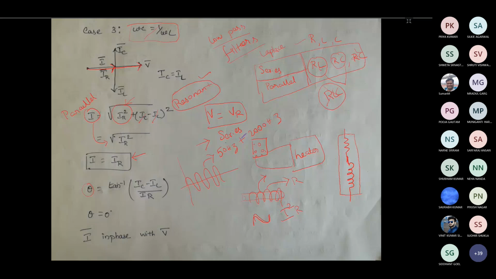If you want to remove the higher frequency signals, you can use a low pass filter. A low pass filter allows only the low frequency signals. You design it for whichever frequency you need to see.